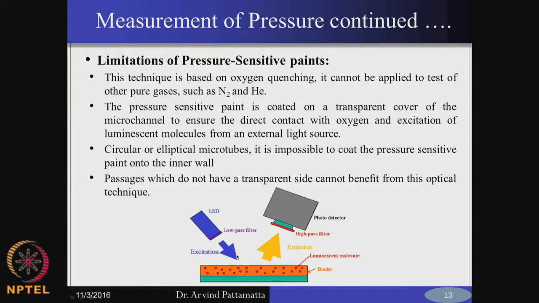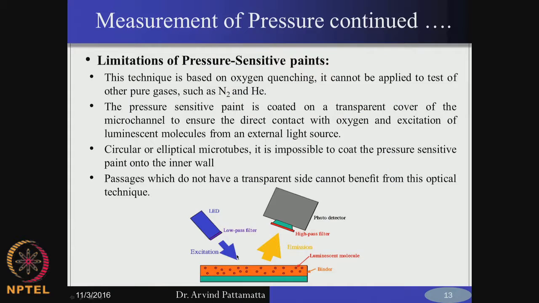The light has to pass through the optical access and reach the surface, from which again the emitted light should travel through the optical access and reach the camera. So for this your surface should be optically accessible. If you have an opaque surface closed from all ends, then it is very difficult to use this technique. Passages which do not have a transparent side cannot benefit from this optical technique.